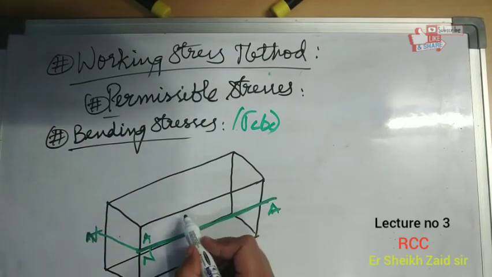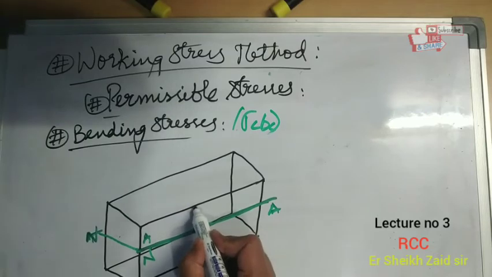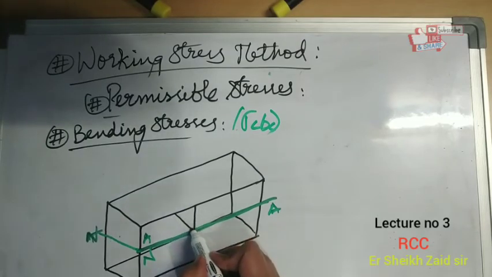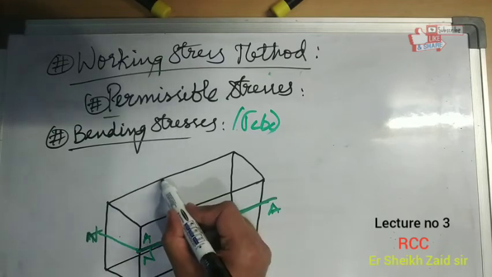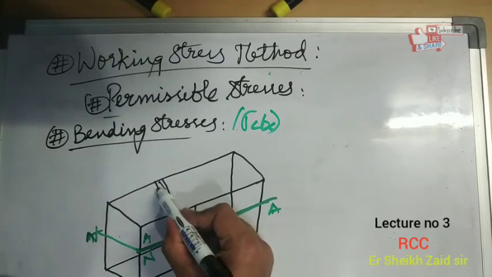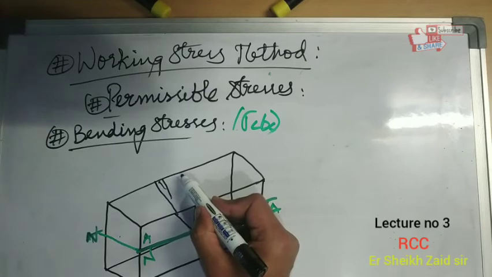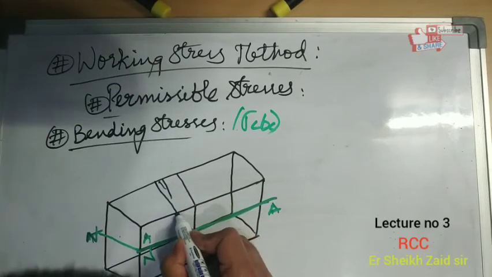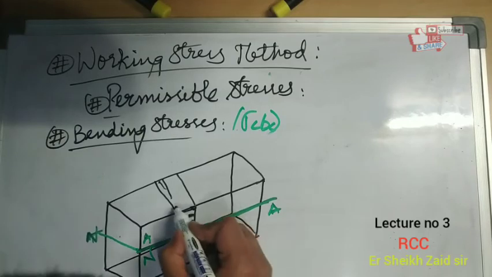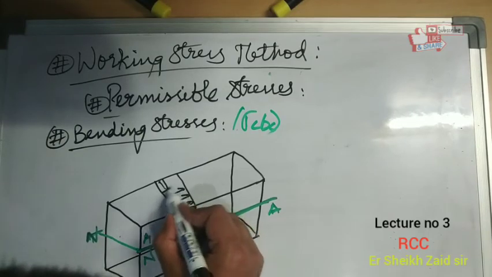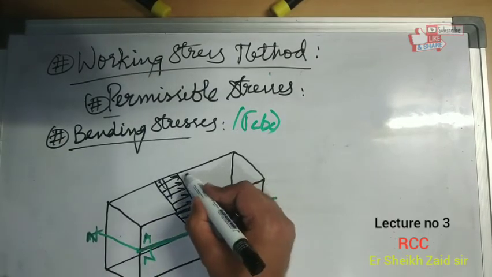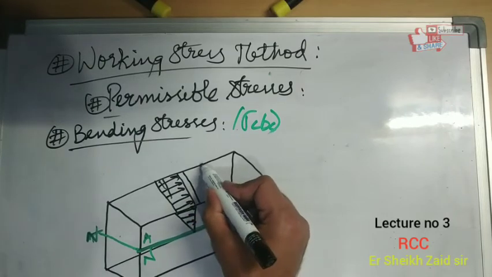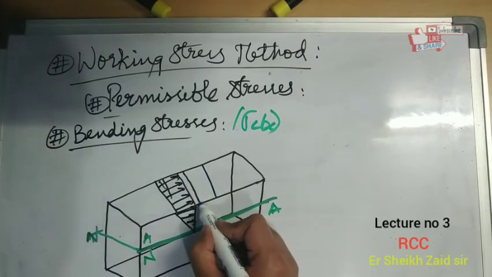If we take the topmost fiber, it will be just like this: compression. It is just a visualization of how this bending stress diagram came into existence.